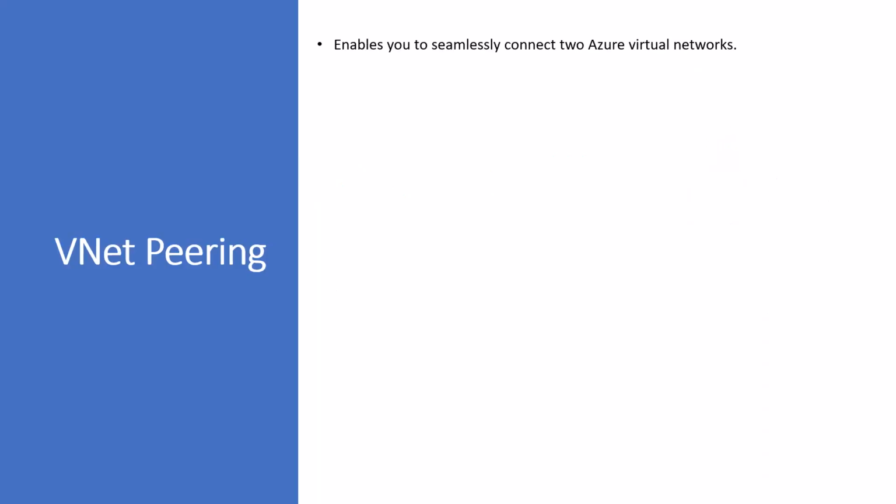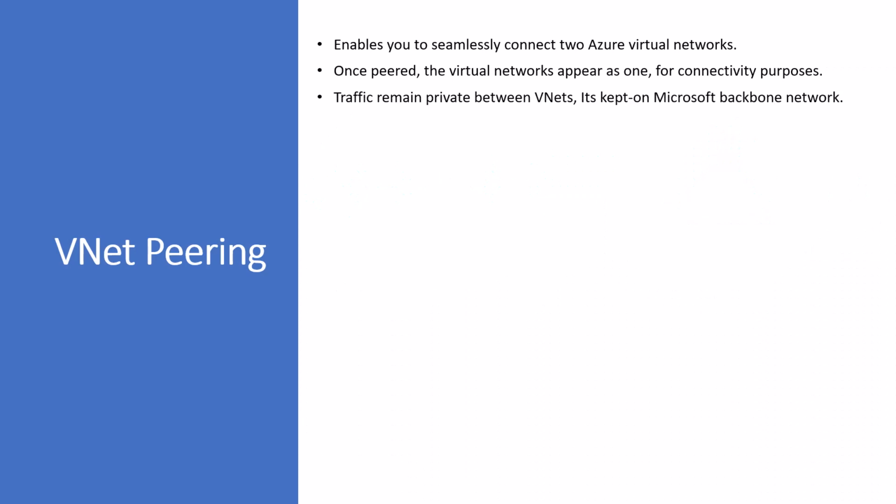So what's VNet peering? Basically, it's seamless connectivity between two different Azure virtual networks, which enables you to connect those resources to each other. Once your different virtual networks are paired, they appear as one for connectivity purposes. You can ping and RDP by using the private IP addresses. You won't need public IP addresses to communicate between two different VNets.